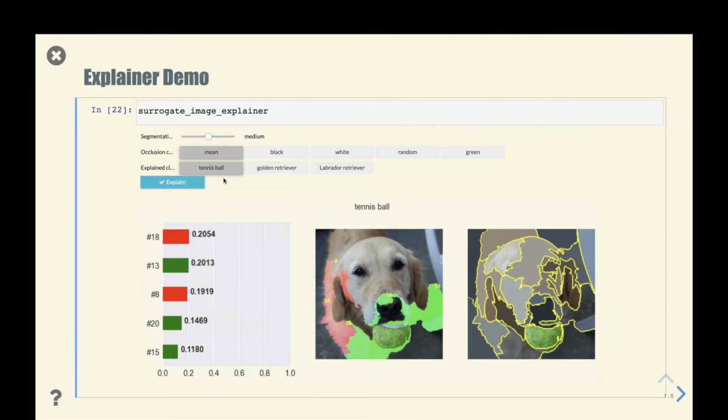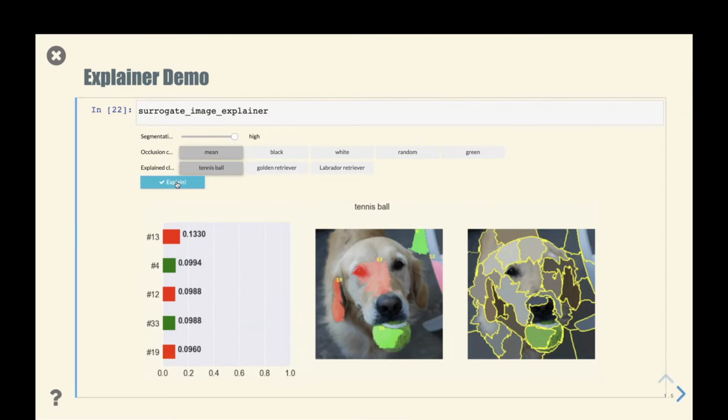And the very interesting thing about the mean color occlusion, which is actually the default option in Lime, is that as you increase the number of segments, and even if you occlude all of them, you can still kind of tell what the image shows. And this was the effect that you saw on the plot in the experiments when I told you that the only occlusion color that differs for a high number of segments is the mean color occlusion.